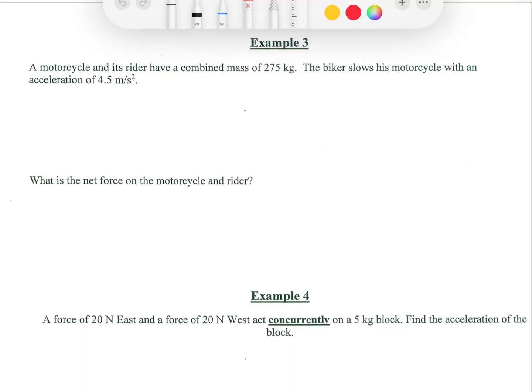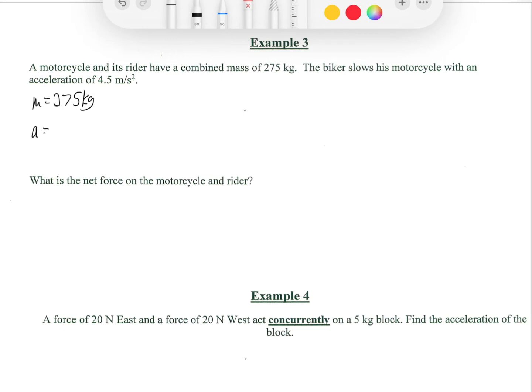All right, let's take a look at an example of using our new formula. A motorcycle and its rider have a combined mass of 275 kilograms. So that'll be one of our first givens: mass equals 275 kilograms. The biker slows his motorcycle with an acceleration of 4.5 meters per second squared. That's our other given.